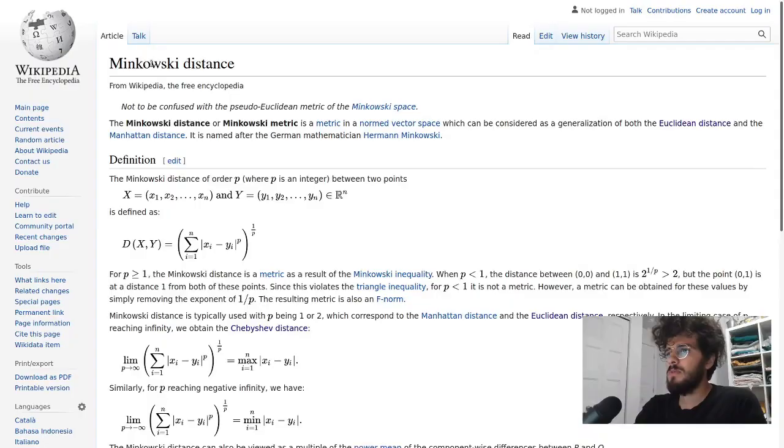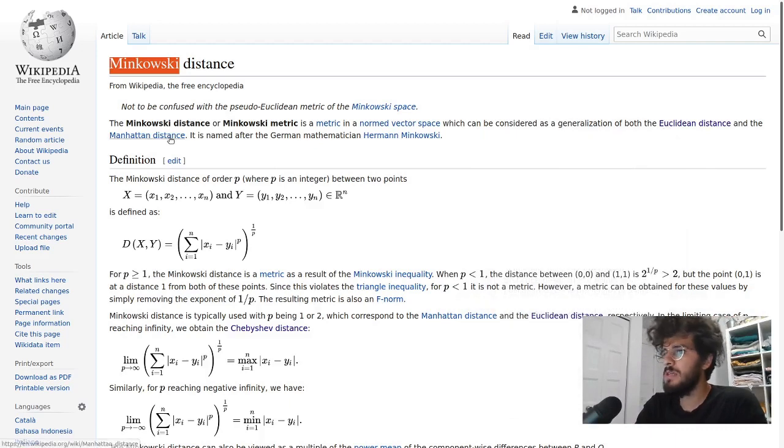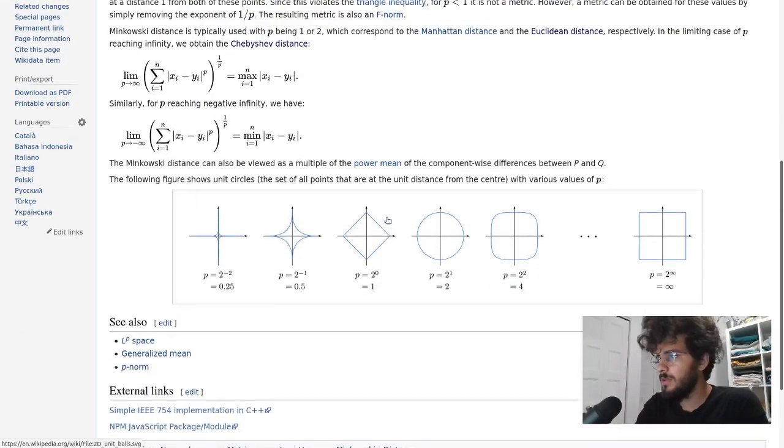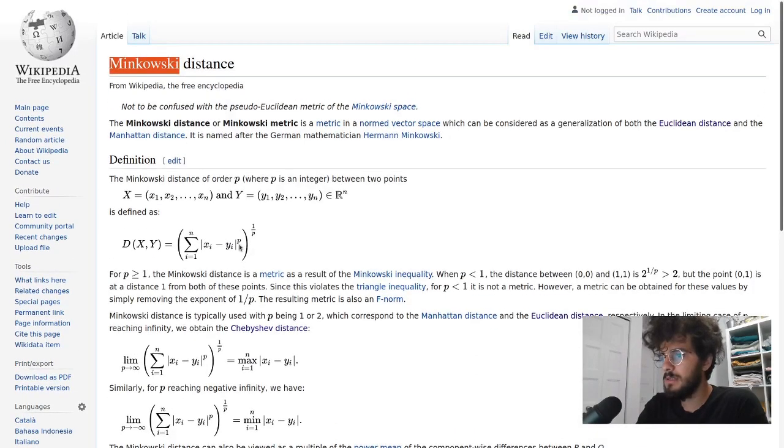Right, so the next one we're going to check is the Minkowski distance. This one is a generalization of two that we saw before, the Euclidean distance and the Manhattan distance, because we're controlling the exponent that we're using. This is the formula, that's it. You remember this sum over here. If you remove this and that, that's literally the Manhattan distance, right?